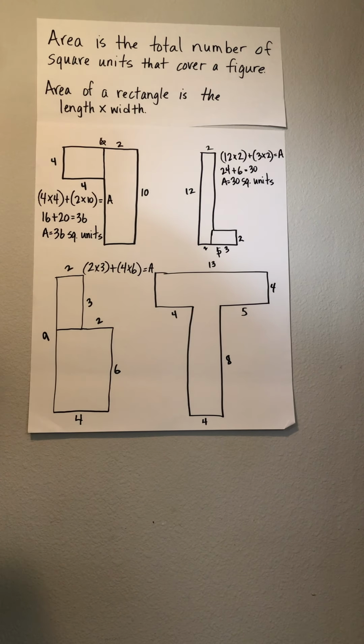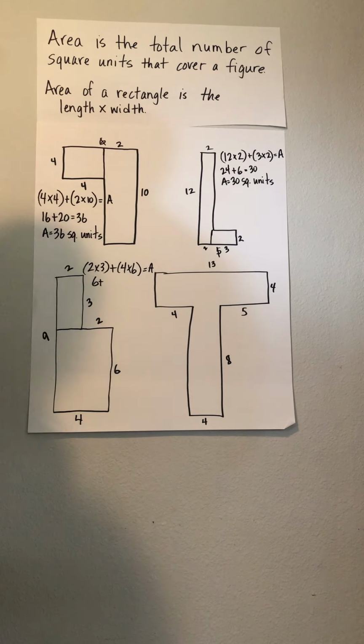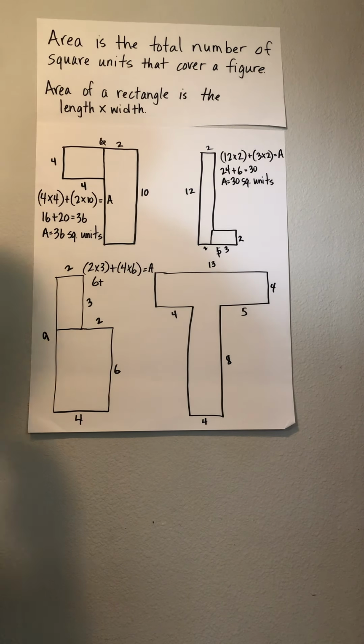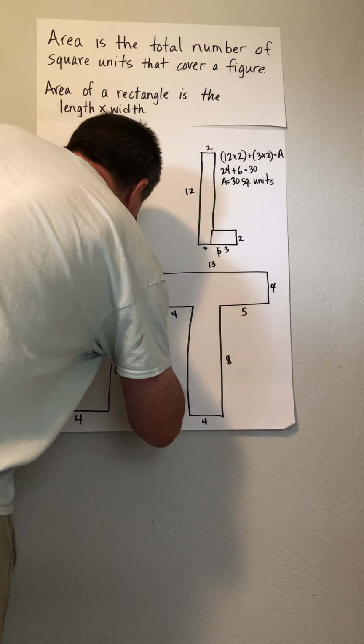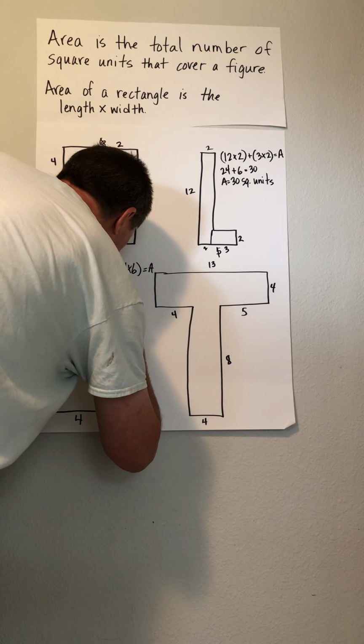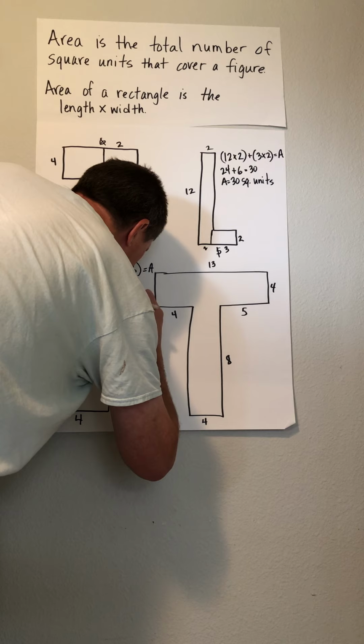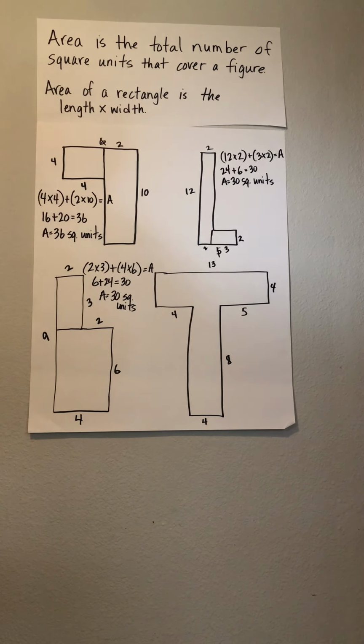So 2 times 3 is 6. Plus 4 times 6 is 24. So that equals 6 plus 24 is 30. So the area is 30 square units.